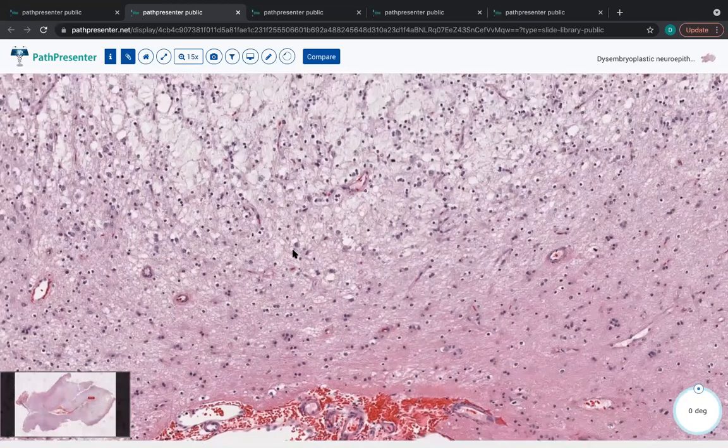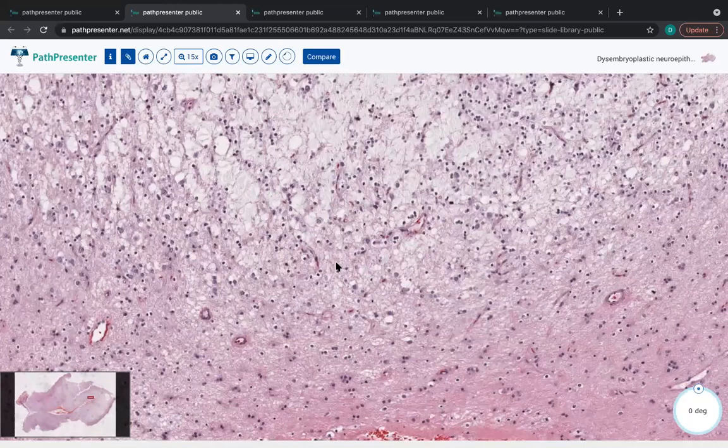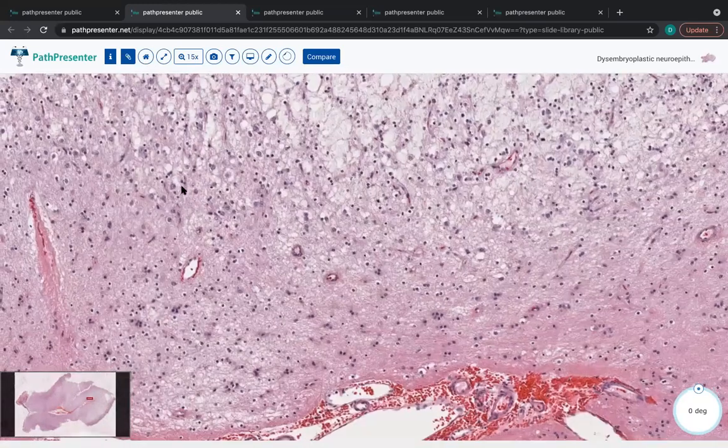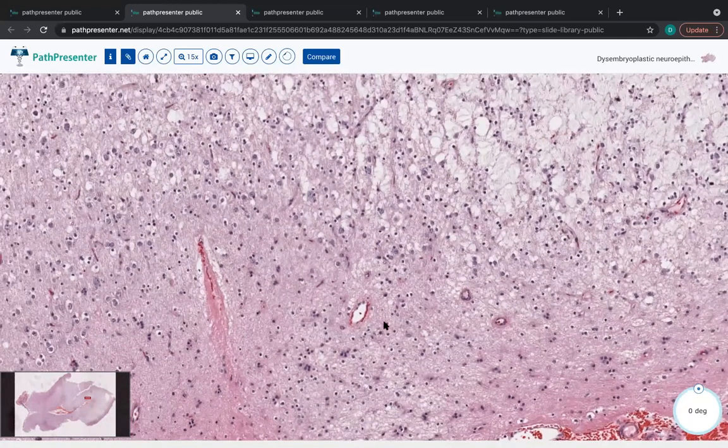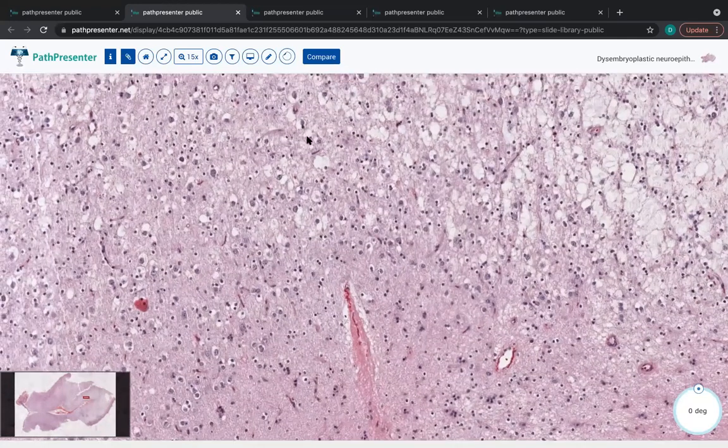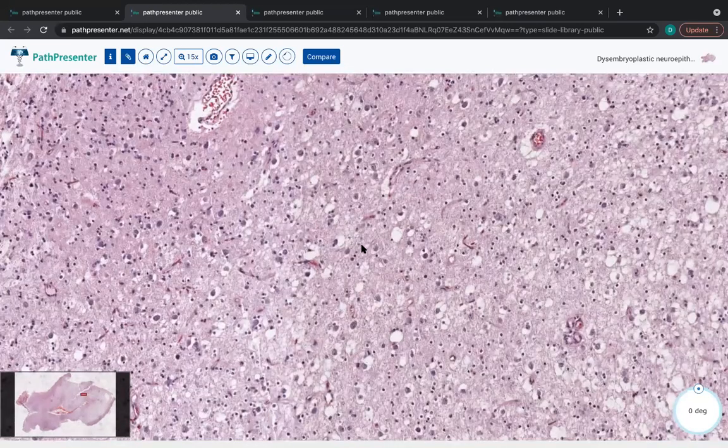One may see Rosenthal fibers at the periphery, so they're not necessarily associated with neoplasia in and of themselves. But I've never seen them and wouldn't expect them in this particular tumor type.